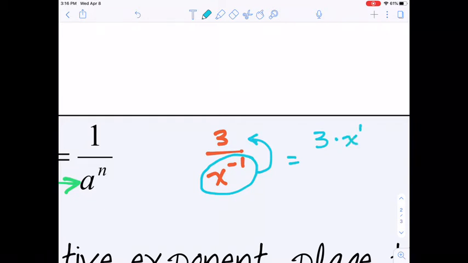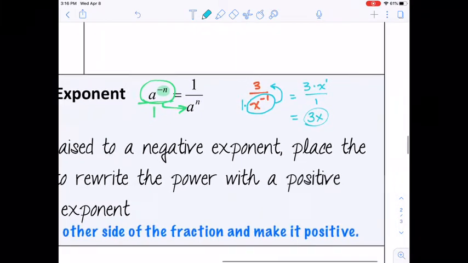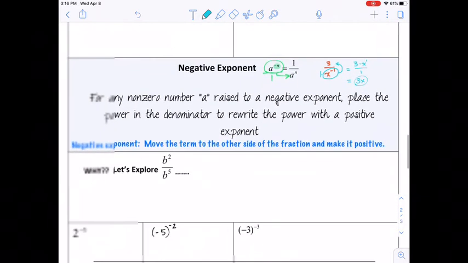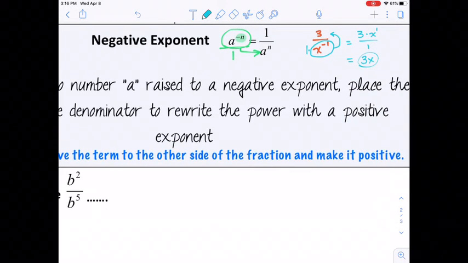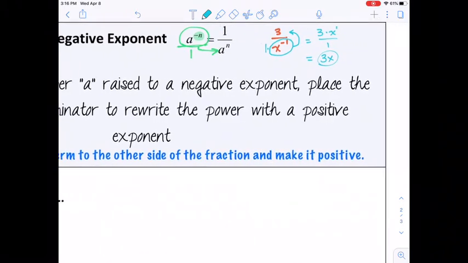There's still a 1 in this denominator because everything is multiplied by that invisible 1. So I could write that over 1. But normally, if 1 is the denominator, I would just write that as 3x. So you can see here, negative exponent: move the term to the other side of the fraction and make it positive.